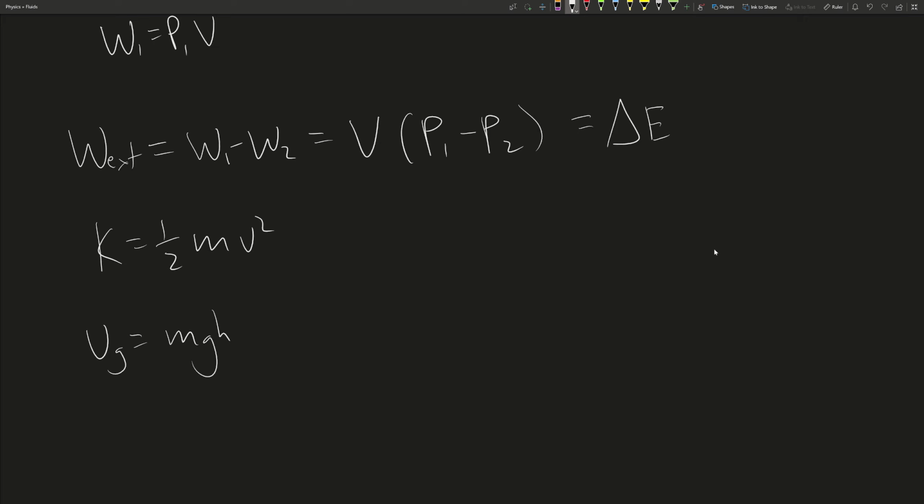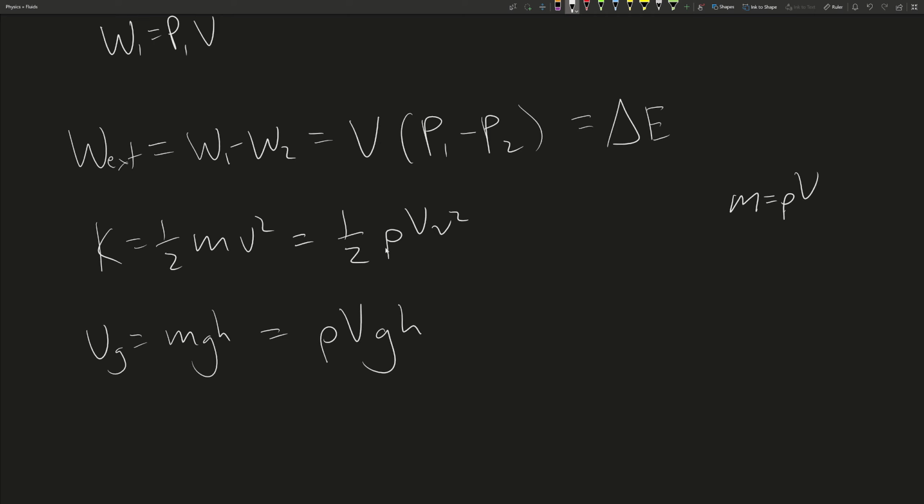And we know that mass is equal to density times volume. So we can write kinetic energy as 1/2 density times volume times velocity squared. And potential energy is equal to density times volume times gravitational field strength times the height.